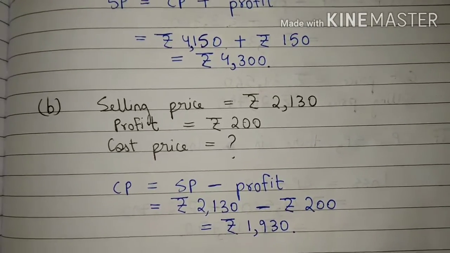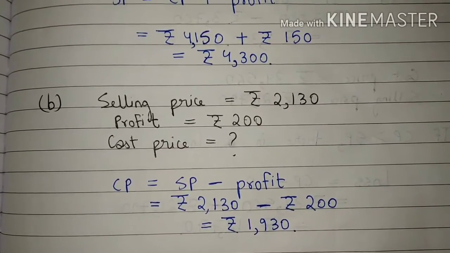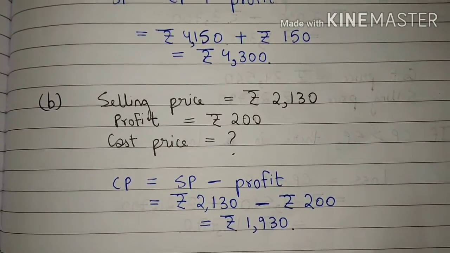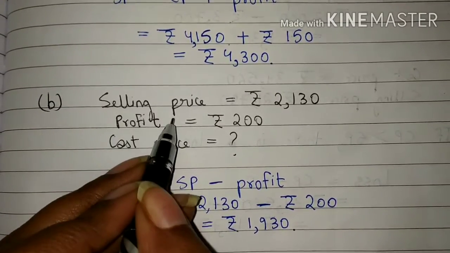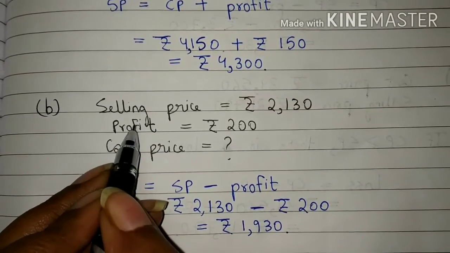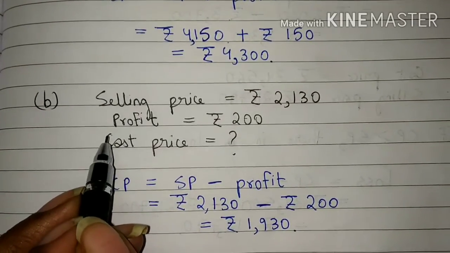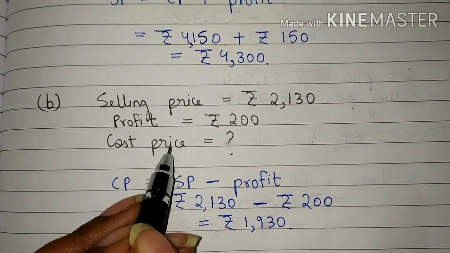I have told you that if we are earning profit, it means we are not suffering loss. So here profit is given. It means we don't have to find out loss. So in this we only have to calculate cost price.